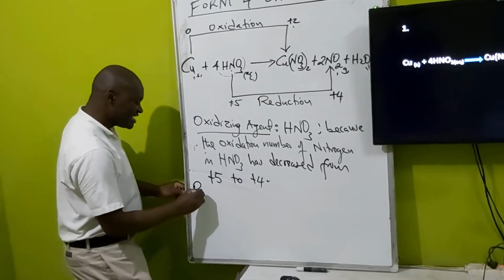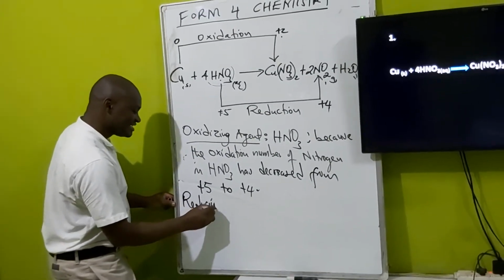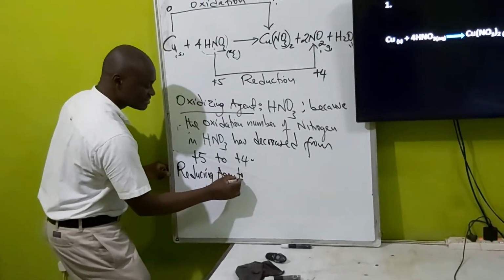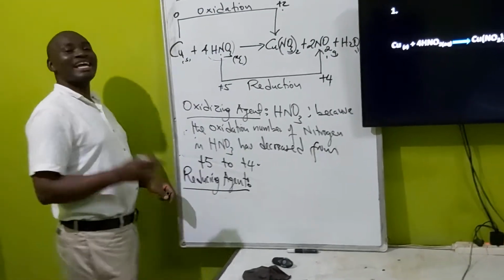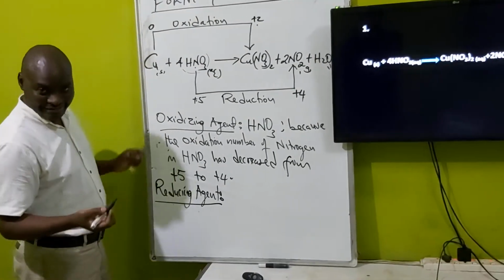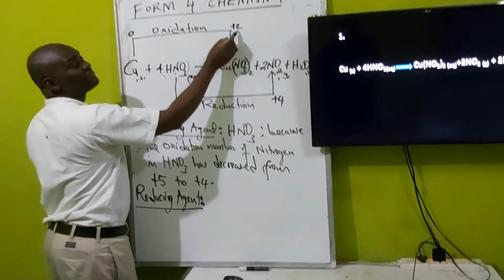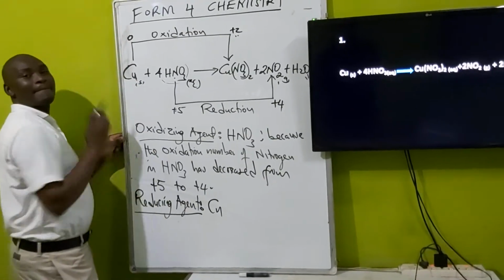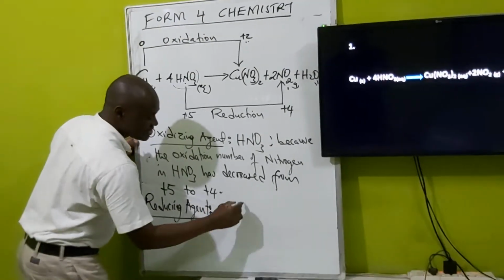Then we are supposed to identify reducing agents. The reducing agent is the substance whose oxidation number increases, 0 to positive 2. This is an increase, so it is copper. Why?